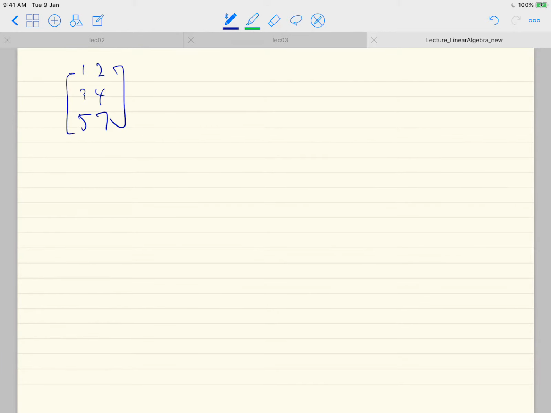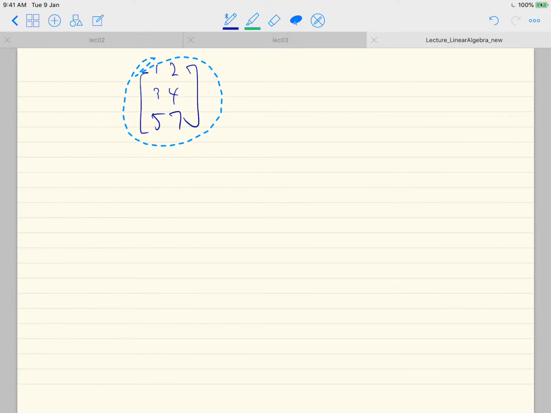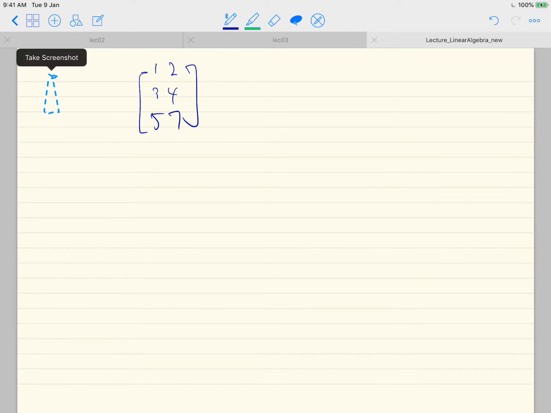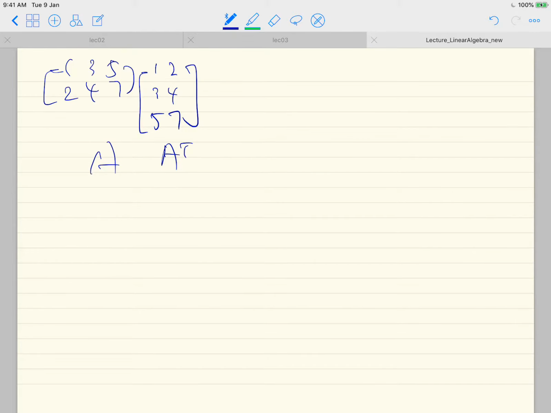And A transpose will be 1, 2, 3, 4, 5, 7. Once you compute it, it will give us a 2 by 2 matrix, but also this matrix will be symmetric, which means those two values will be the same, right? So that is the definition of the symmetric matrix.